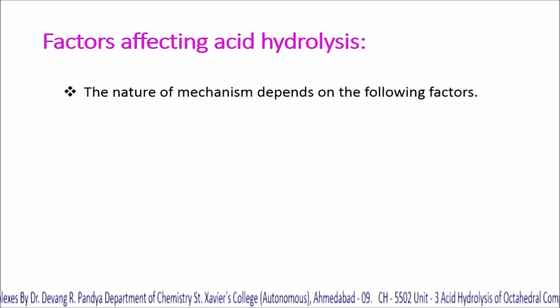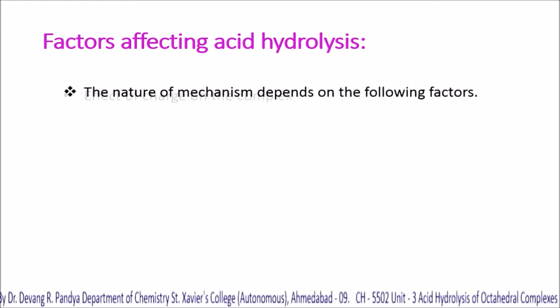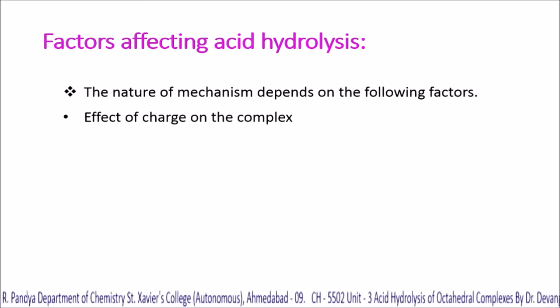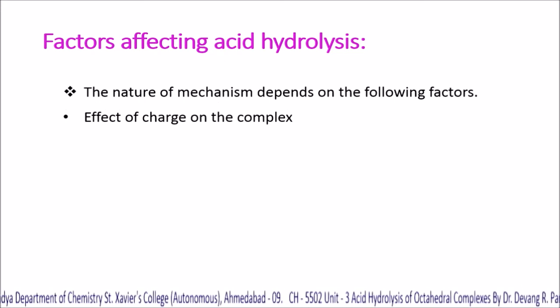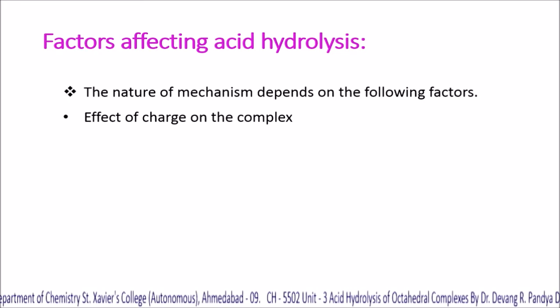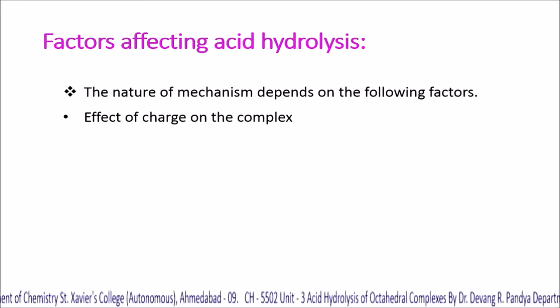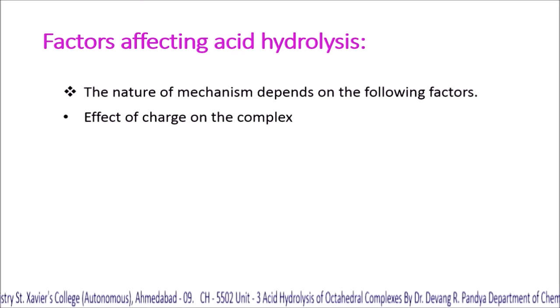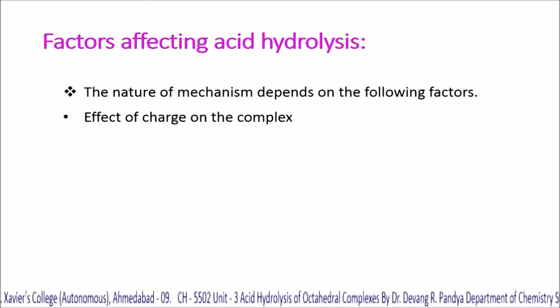The nature of the mechanism depends on the following factors. First is the effect of the charge on the complex. If the charge is more or less, the mechanism may change, or the rate of reaction will either increase or decrease depending on the charge of the complex.